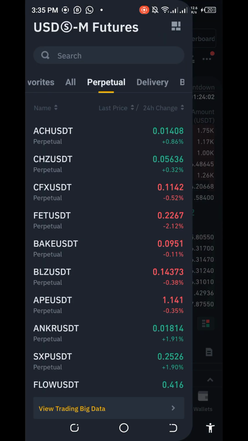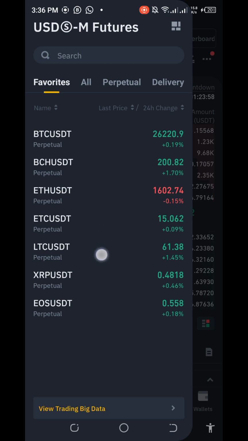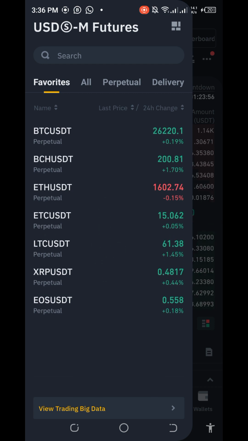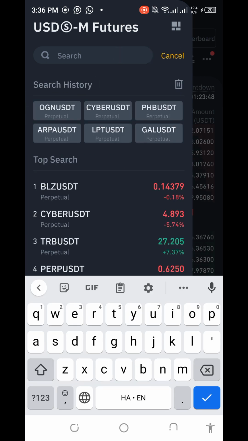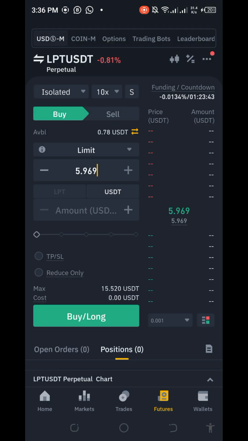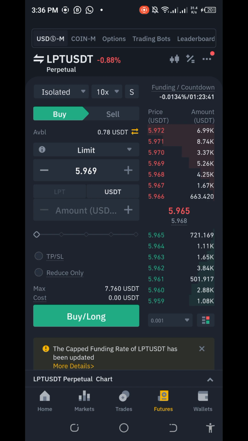I want to pick another coin. Let me use this LPT. Now, if I'm on this limit, that means I'm setting my own price.